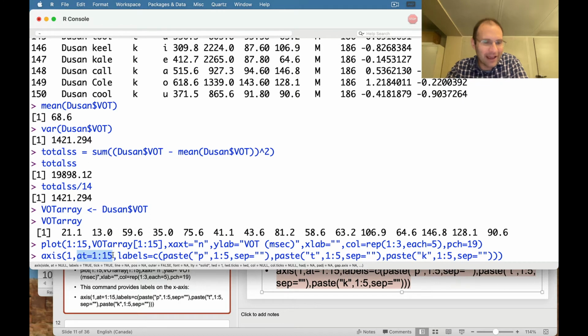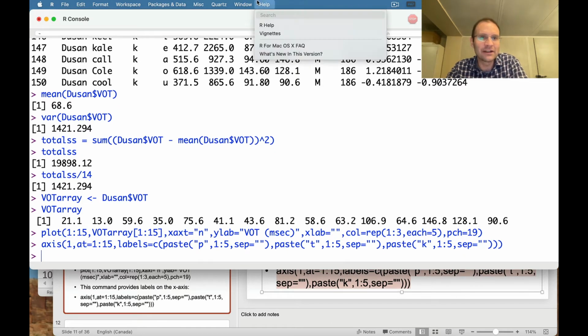And I want to put it at tick marks 1 through 15. And what this stuff is going to do is paste together p's with the numbers 1 through 5 as it goes. So it's going to glom p with a 1, and then p with a 2, then p with a 3, and so on and so forth. For the next 5, it'll do t1, t2, and so on, and this will do k1, k2, and so on and so forth.